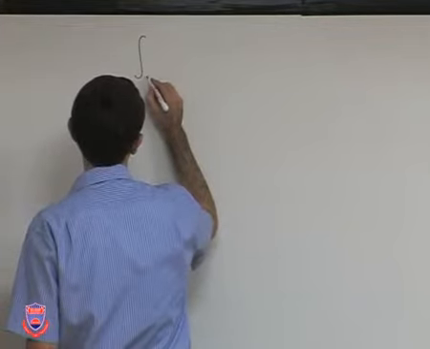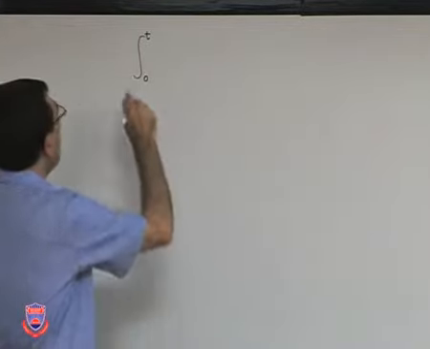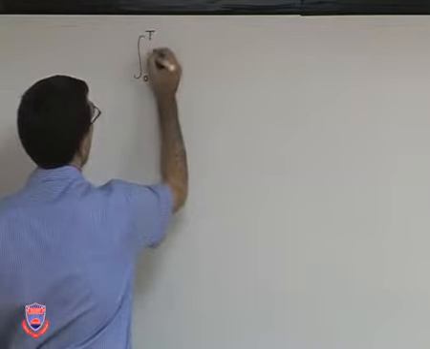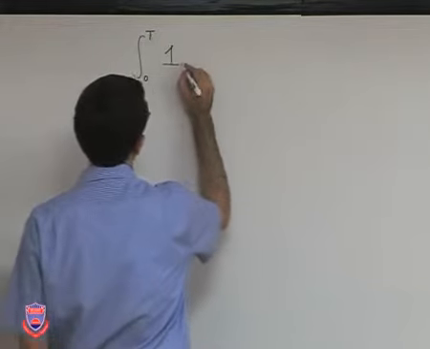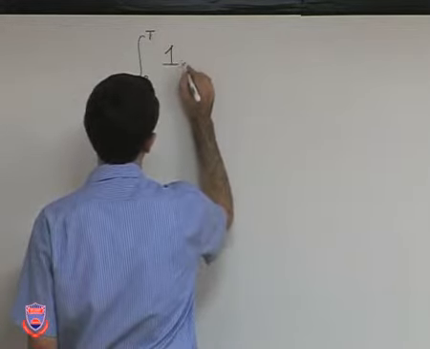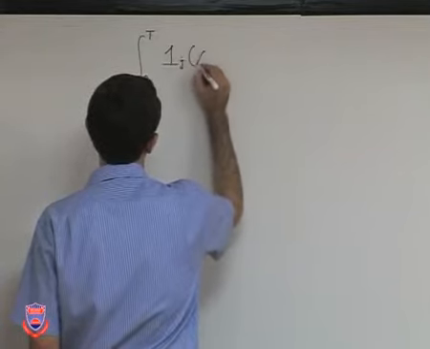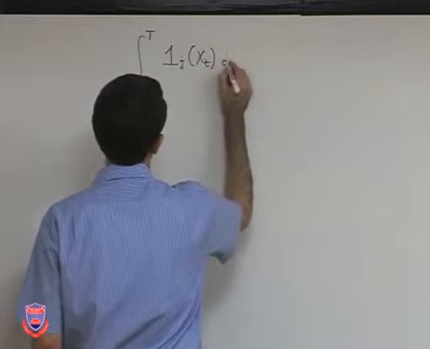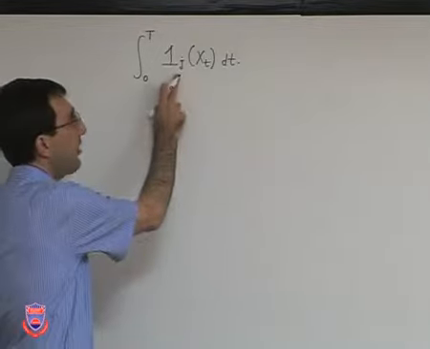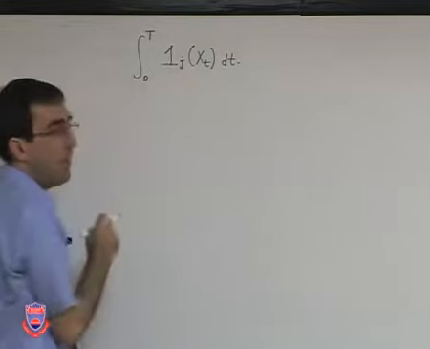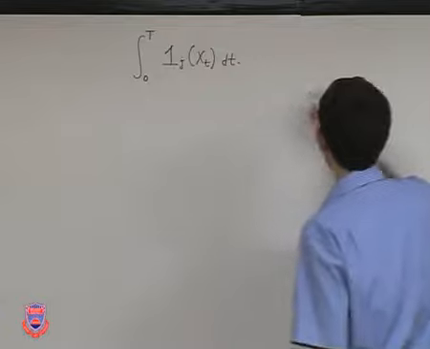If you want to calculate the total time spent by the continuous time Markov chain in state j until time t, then what are you going to do? At each time little t, you will check if the Markov chain has been in state j or not, and then you just sum them up, as in the discrete time Markov chain case.